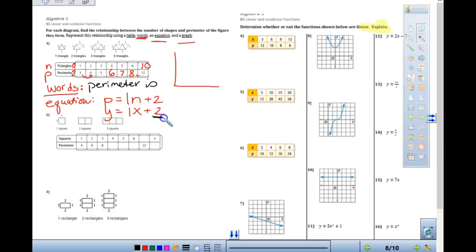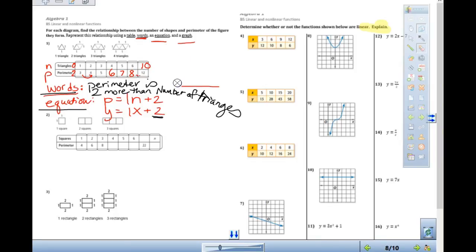That's the plus 2 here. The perimeter is 2 more than the number of triangles. So I wrote my answer in words. I wrote an equation. Now I need to make a graph.